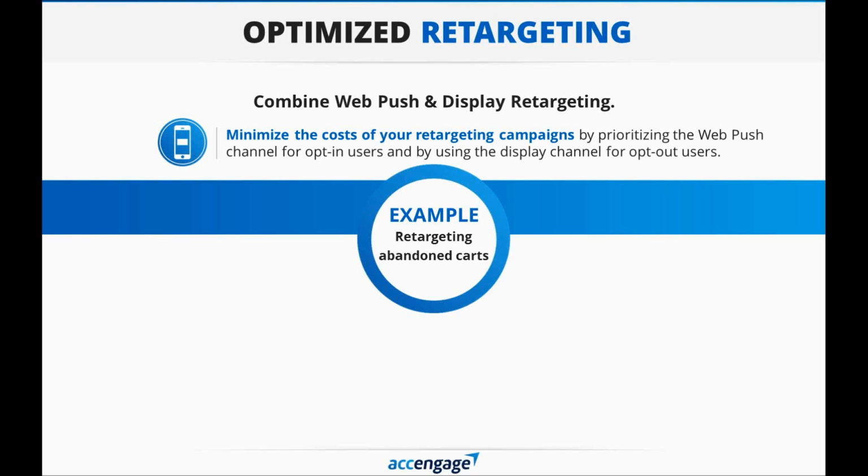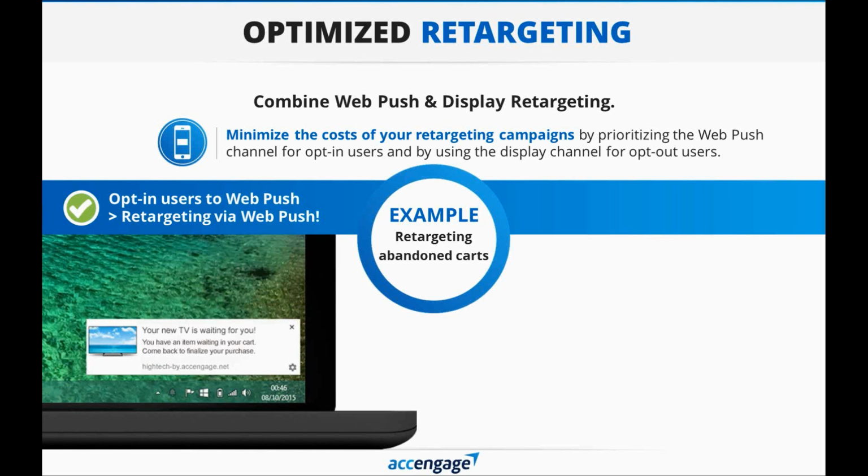If somebody has abandoned a cart and hasn't finalized a purchase, and the user is already opted in to web push notifications, then you don't need to add more media costs. You can very simply retarget that user leveraging web push notifications, because that is your own channel. You don't need to pay for additional messages that you send to your users.